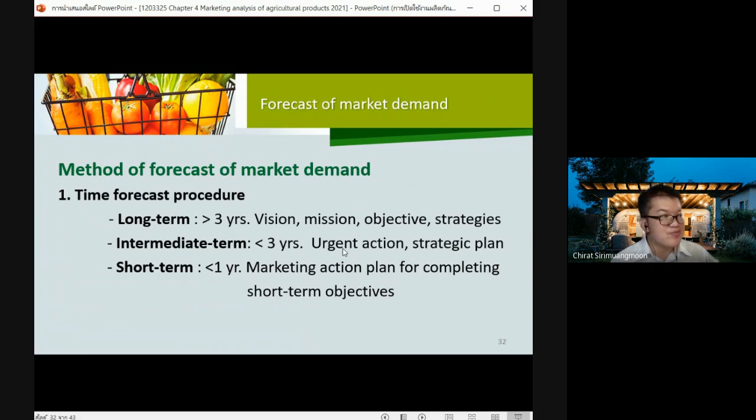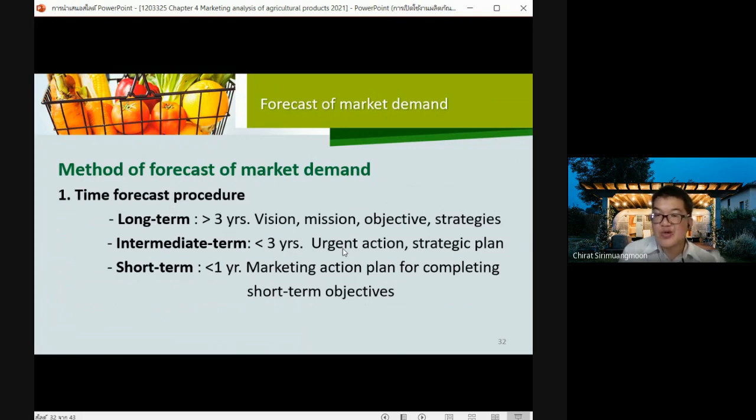And for the short term, it's going to be less than 1 year. So the market action plan is used for completing the current situation. Mostly it's going to be a very urgent action plan.